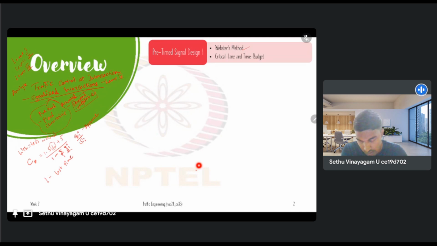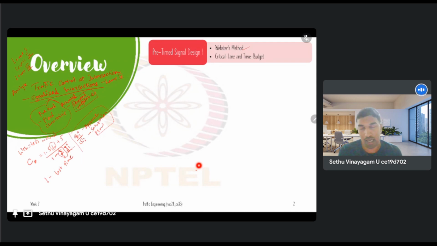This is taken as a summation over all the different phases that we have in the cycle, and S_i is your saturation flow rate. The ratio of these two is what this Y_i is, and we take the sum over all the different phases. Again, within each phase, you can have multiple approaches or multiple lane groups.